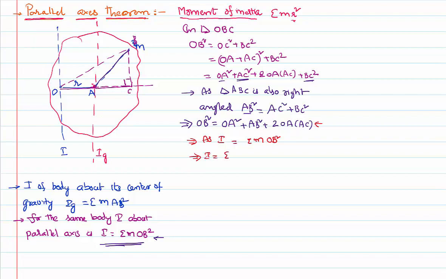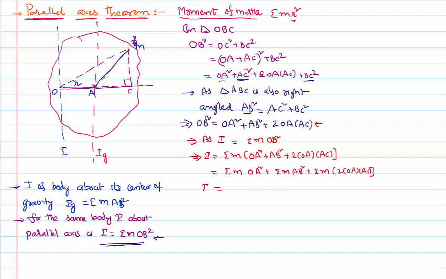I equal to sigma m, instead of OB square, OA square plus AB square plus 2 OA and AC. Then multiply with sigma m for each term: sigma m into OA square, sigma m into AB square, sigma m into 2 into OA into AC. I have just expanded the terms.